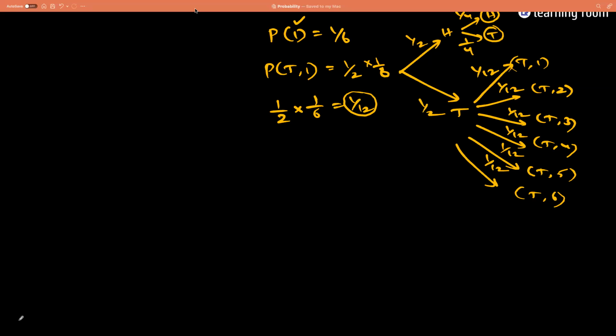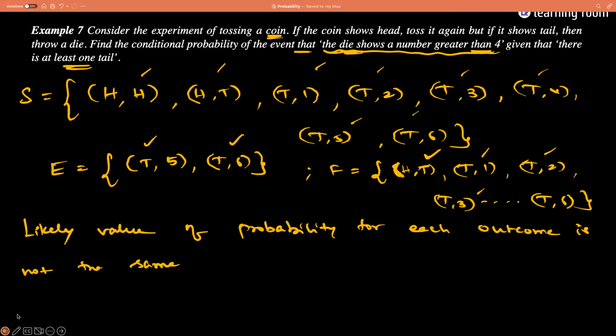Right. Now, what is the probability of F? So what is first of all F element? Oh, sorry, F set. So F set is equal to head comma tail, tail comma 1, tail comma 2, tail comma 3, till tail comma 6.